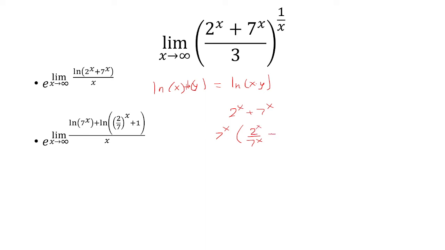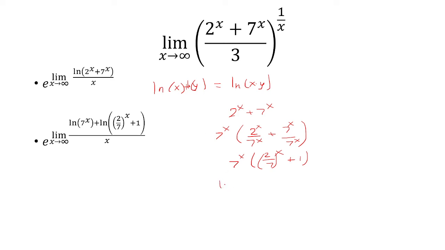So you have to do that to basically both terms, right? Because I'm multiplying by 7 to the x, and I'm dividing by 7 to the x. So that should cancel out, which is just 7 to the x times 2 over 7 to the x. This step, I just factor out the 7 to the x and then plus 1. Okay, so this is basically what I'm doing, but here I'm using logs.